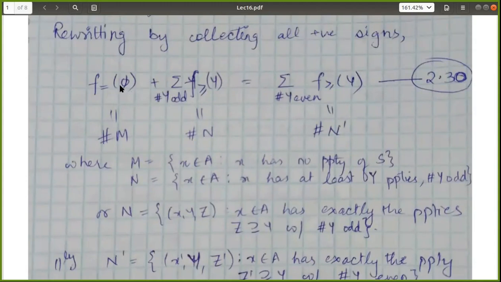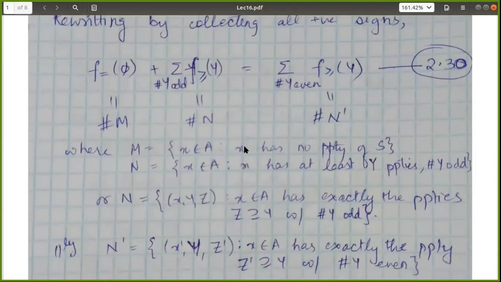So this clearly is the set M, the set which has all those elements of A which do not have any property of S. Recall from the last lecture, A was the set of objects and S was the set of properties, right? Remember that? So M is the set of all those elements that have no property of S.